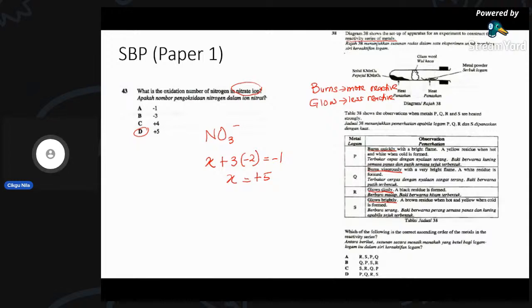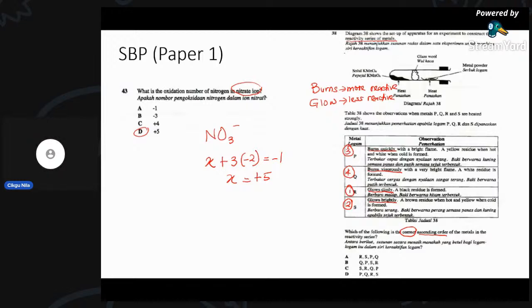Which of the following is the correct ascending order of the metals in the reactivity series? Ascending order means we have to find the one which is less reactive first. The least reactive will be R because it glows dimly, followed by the next glowing, which is S glows brightly, and then followed by the next one, P burns quickly, and the last one, the most reactive, Q burns vigorously.